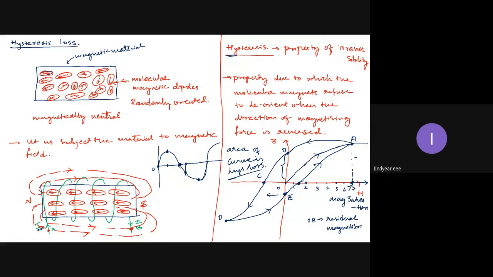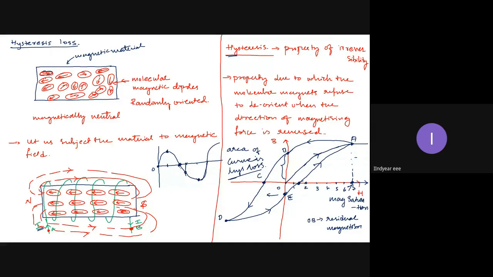If the loop is narrow, the area is less, so hysteresis loss is less. But can I eliminate it? I can't eliminate it, because I am using a ferromagnetic substance, and it has the property of hysteresis. It will oppose the orientation and reorientation, deorientation and reorientation. So hysteresis loss is bound to occur.